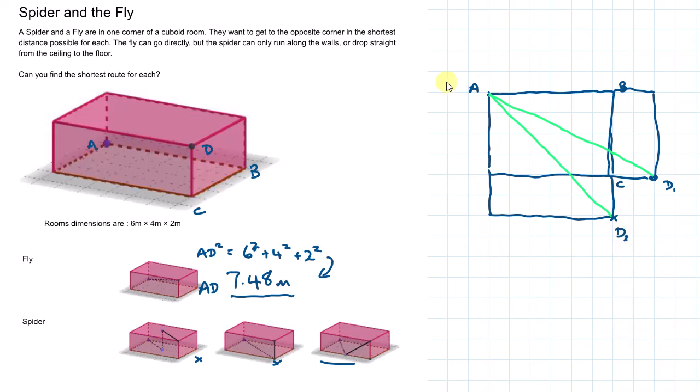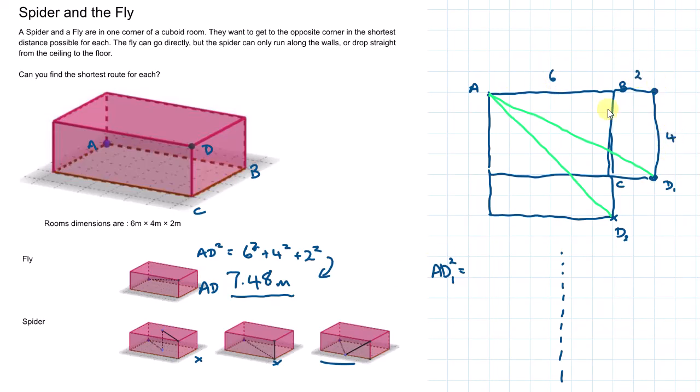Okay. So let's consider the first method, which is cutting along the short side. Short side, we've got a right angled triangle. The distance AD1 is AB plus the distance B to the top. So we need to know this length here as well, which is the same as that. So this is 6, 2, and 4.